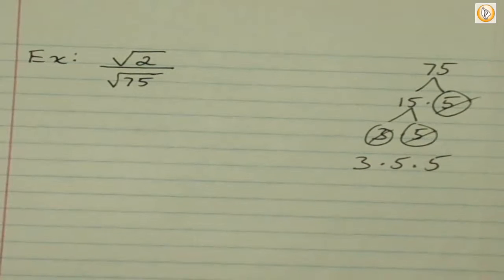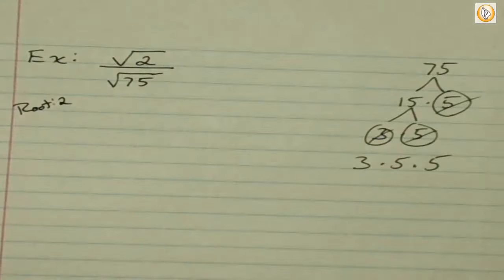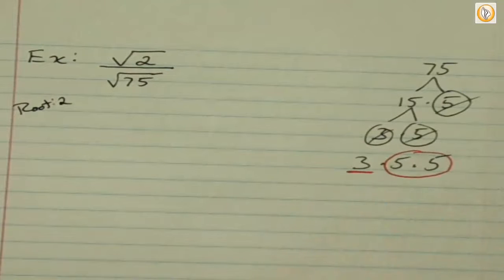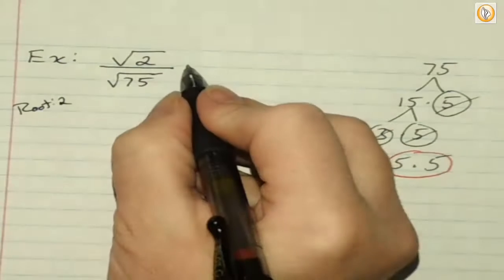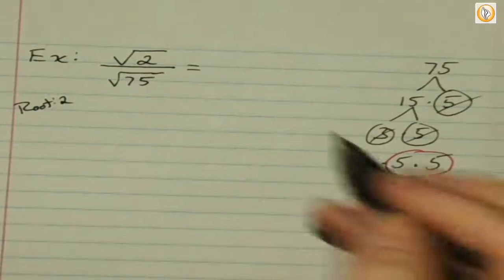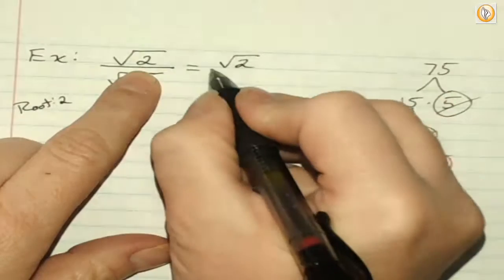Emily, what's my root? So what am I circling? And what's left over? The 3. Good job. You're going to be able to do that in your sleep because I keep bugging you. All right, so check this out. That was only on 75. So we didn't do anything with the 2, so the 2 is going to stay.